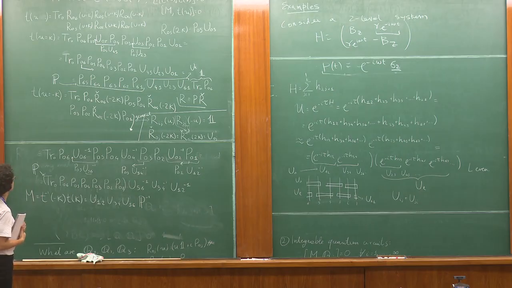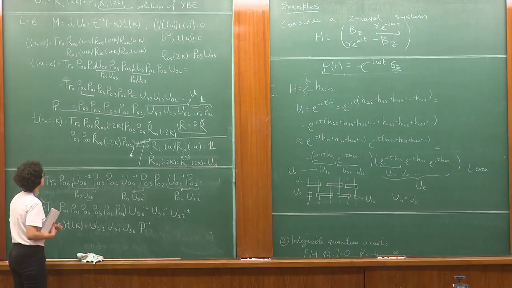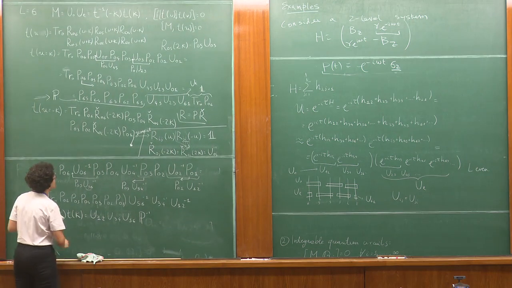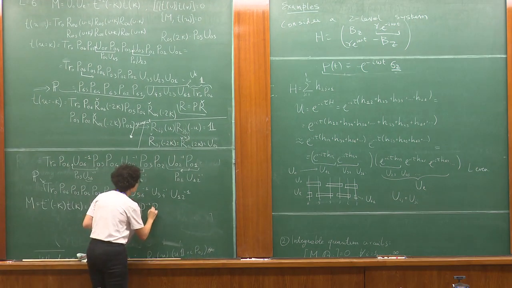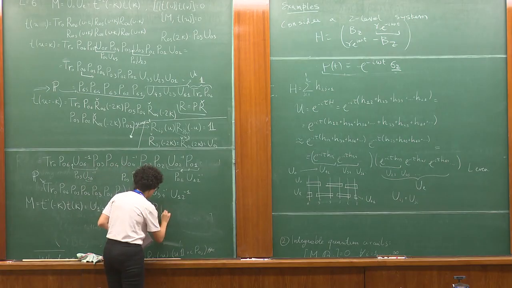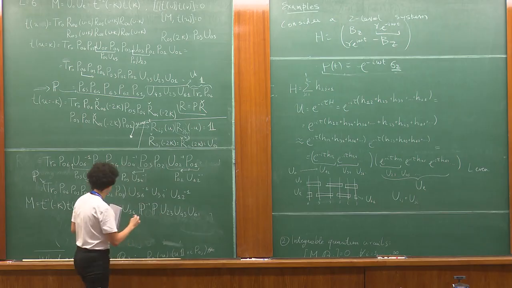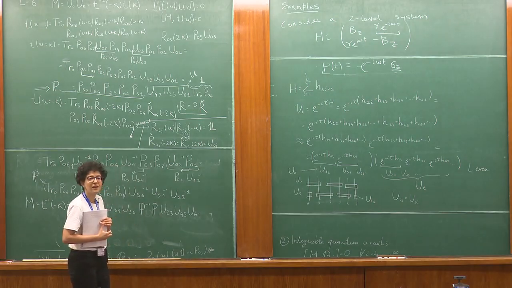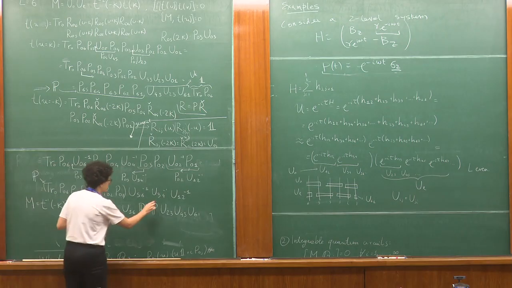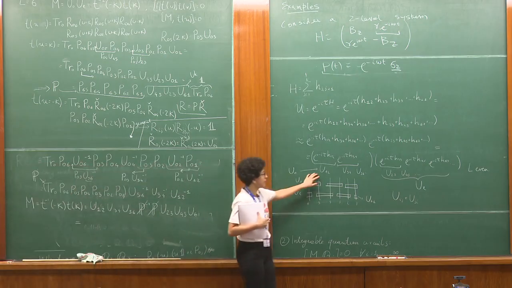Then before, we also got from here P times U_23, U_45. So this will be the second row. And now these permutations commute, and we exactly got what we were writing here.